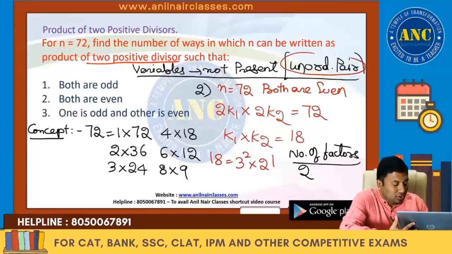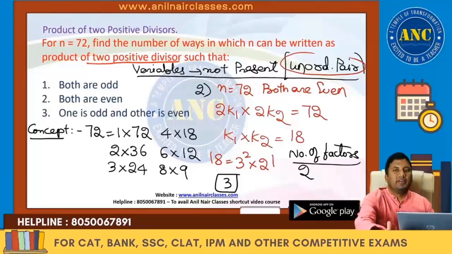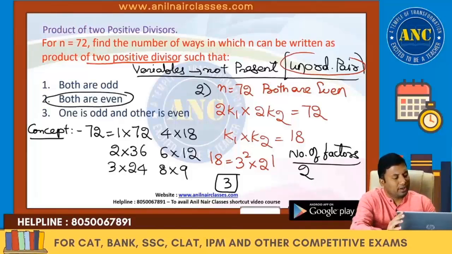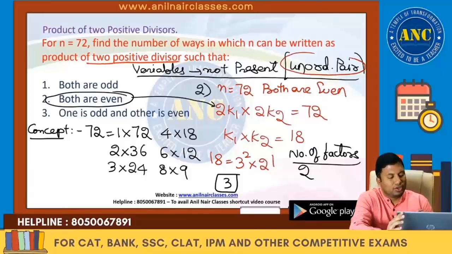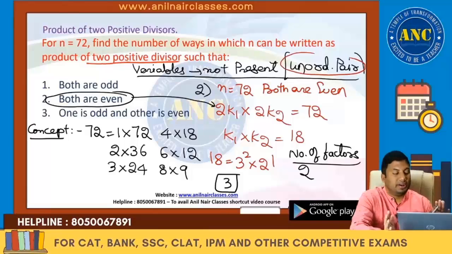So 3 into 2, 6. 6 divided by 2, 3. I hope it is clear. Both are even numbers means one even number is 2k1, another even number is 2k2. Both odd: first one answer is 0. Second one answer is 3. I hope the idea is clear.